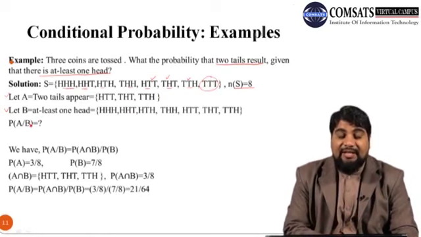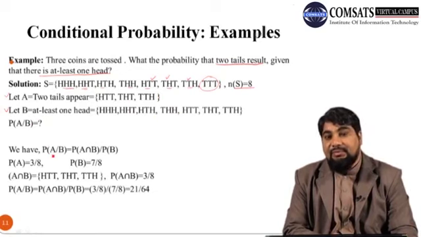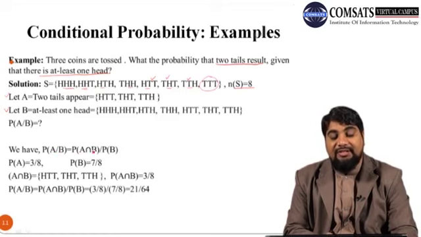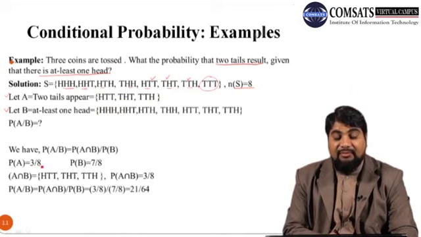So we want to find A given B. So the probability of A given B is our required task. According to the conditional probability formula, the probability of A given B is the probability of A intersection B over the probability of B. In this case, the probability of A is 3 out of 8. The probability of B is 7 out of 8.